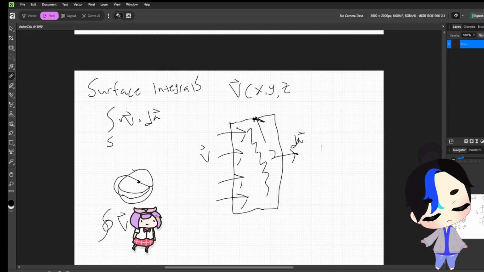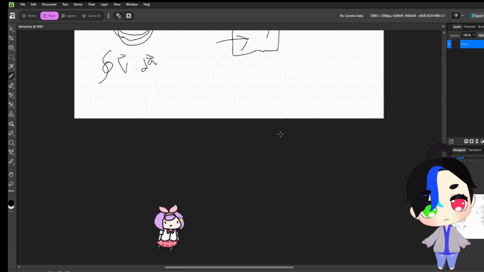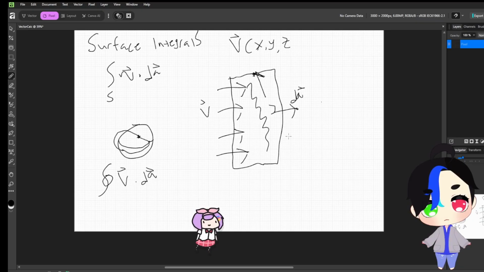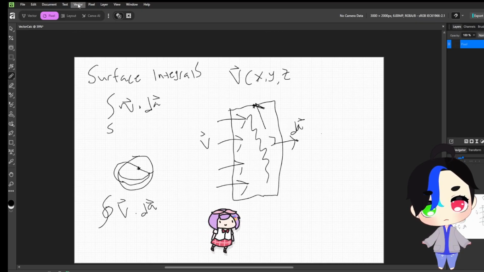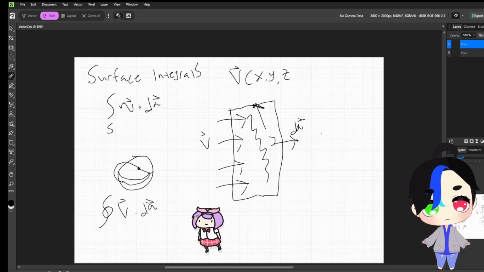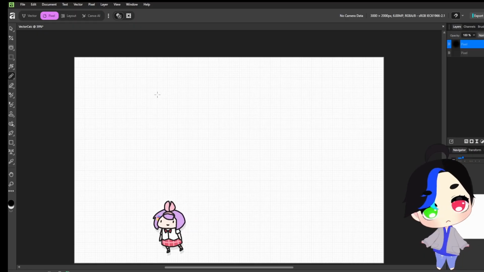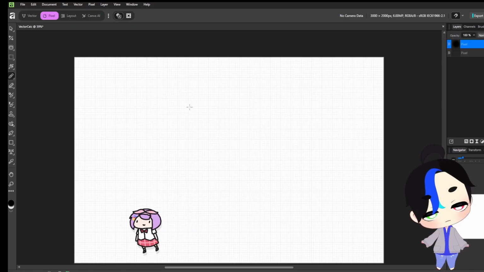All right, we're almost done. And I'm out of pages. What to do? Actually, you know what? I'm going to do this. There we go. Yeah, we're getting close, okay?